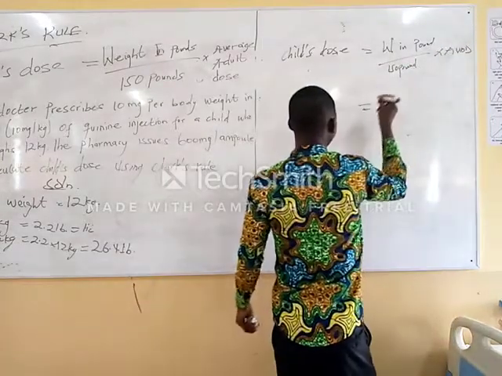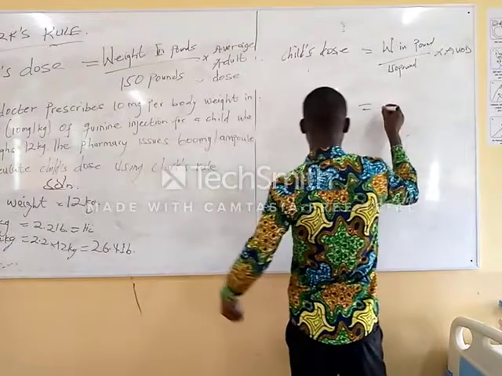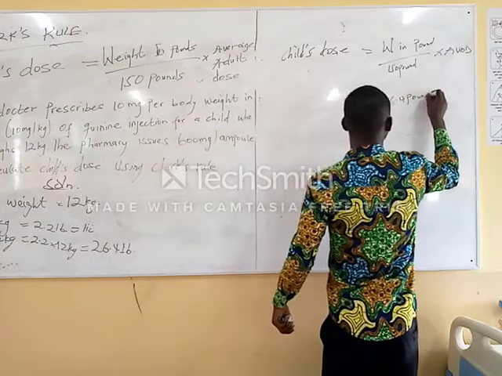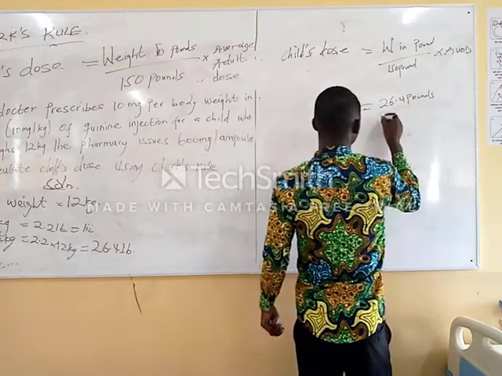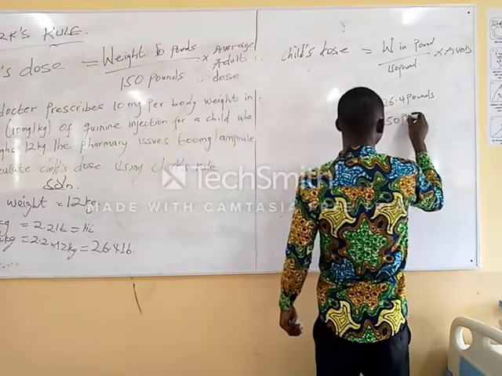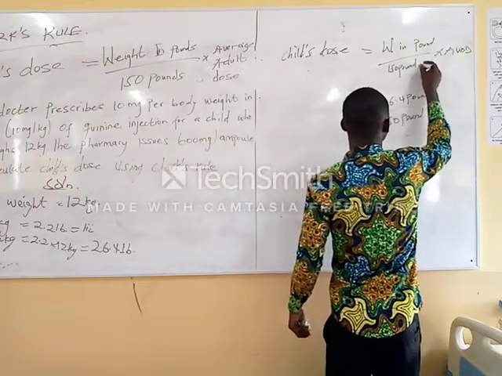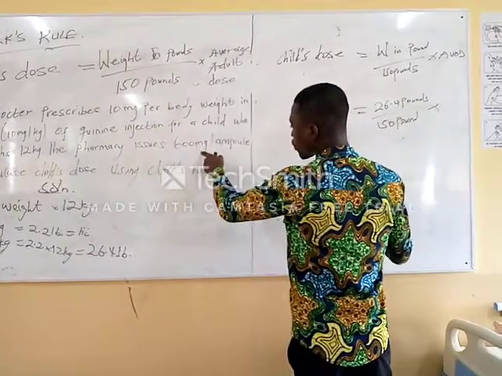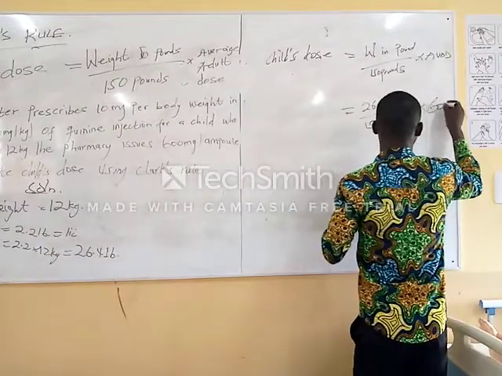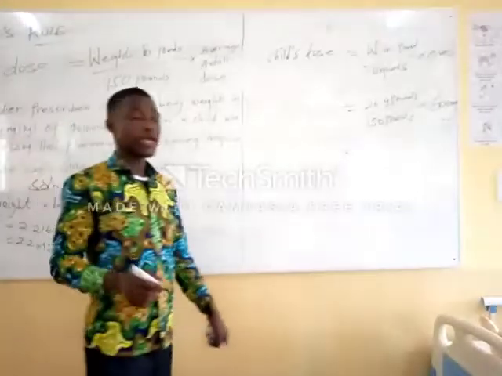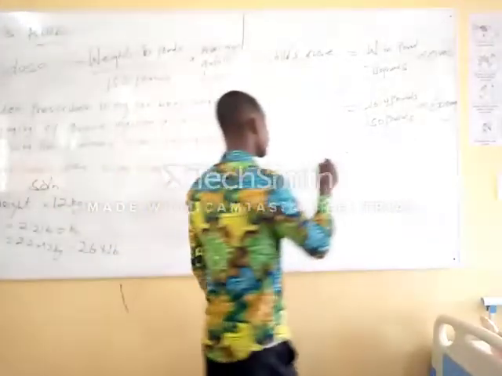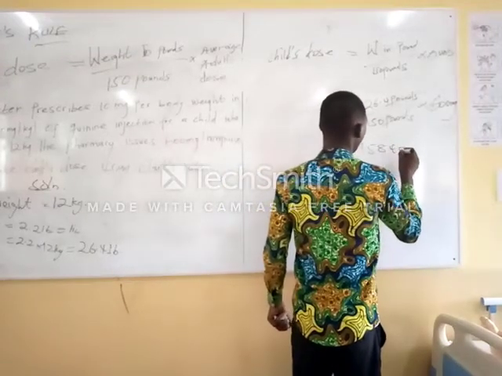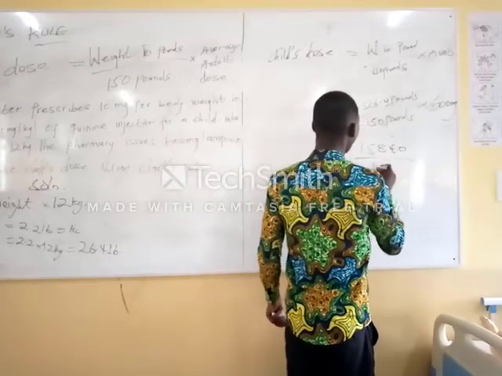The weight in pounds as we converted was 26.4 pounds, over 150 pounds, which is constant in the formula, as Clark said, times the average adult dose for quinine, which is 600 mg. So it is 15840 all over 150.